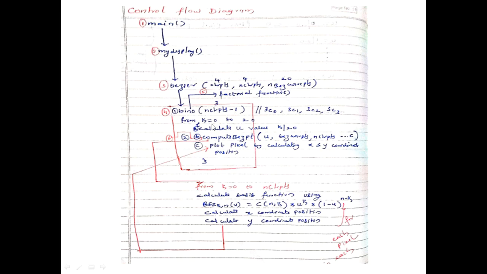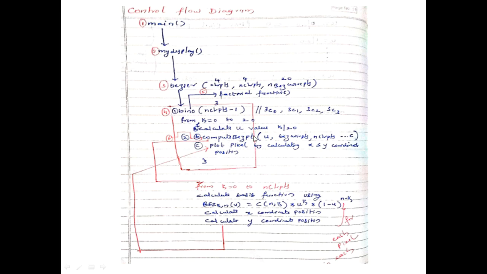After calculating the binomial coefficients for 3C0, 3C1, 3C2, 3C3, the Bezier curve function also calculates the u value. The u value ranges from 0 to 1.0, but the total number of pixels is 20, so first we divide 0 by 20. Here I wrote the formula k by 20, as I traced in the previous slide.